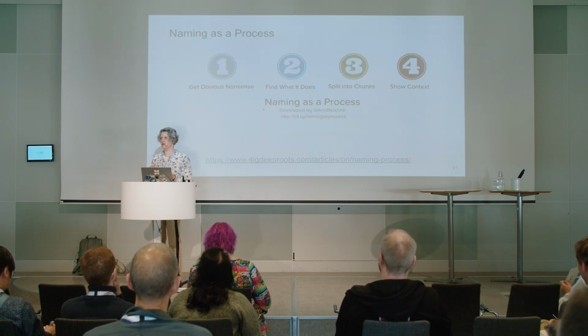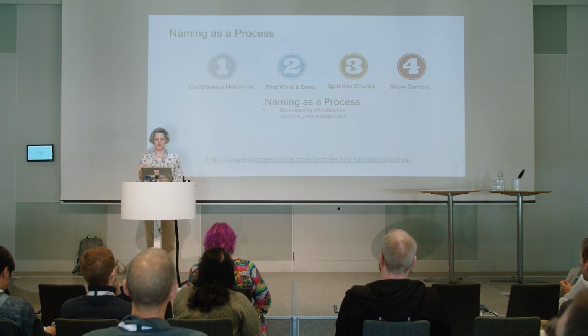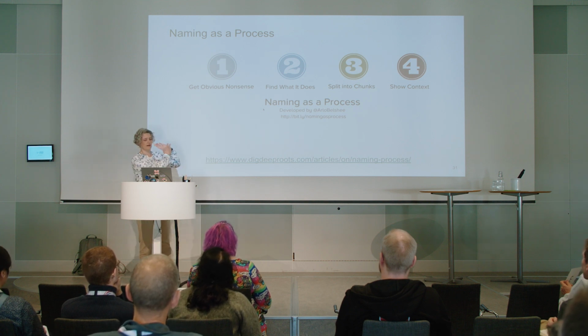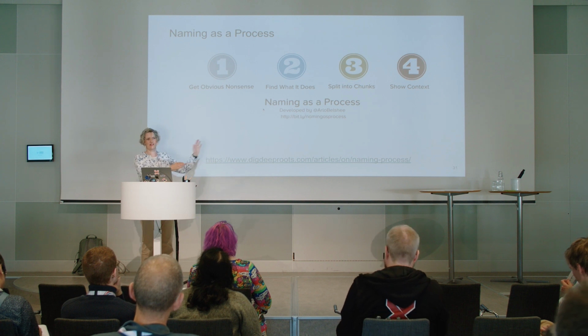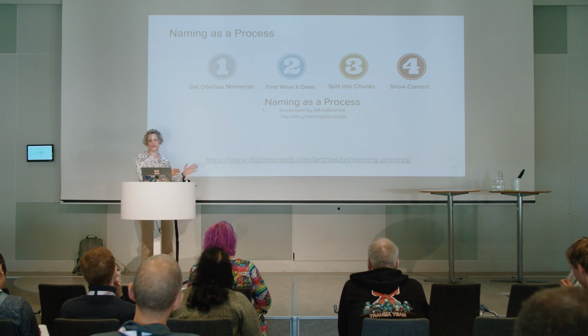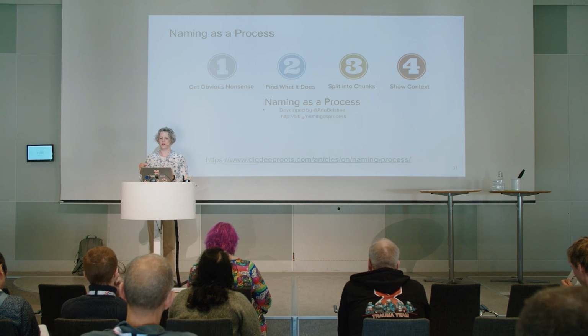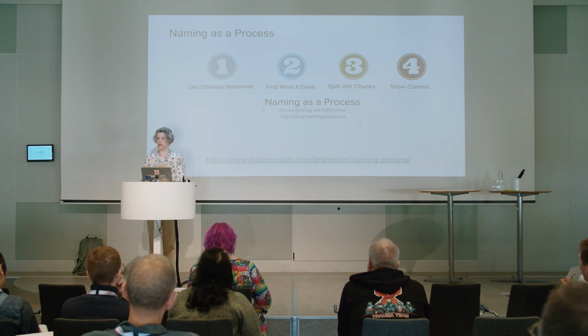This process that I'm describing is from Arlo Belshee. It's called naming as a process. And he's written this up as a 4-step process, or the previous iteration he had 7 steps. But it's all about, as you read the code, putting your understanding into the code, improving the names, improving the structure as you get to the later stages.